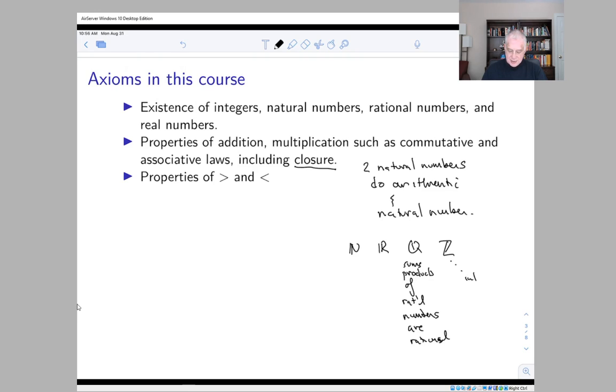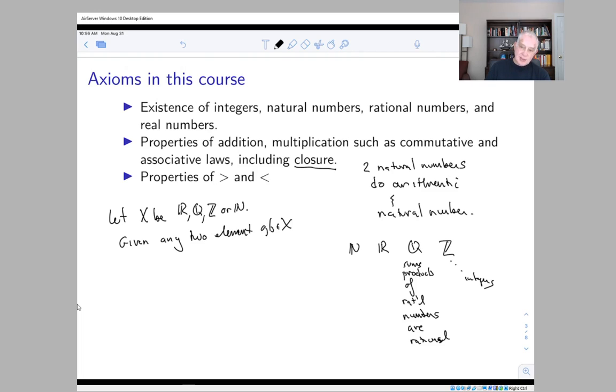So one way to write this in a fancy way is to say, let X be R, Q, Z, or N, then given any two elements a and b in X. So that's a quantifier.